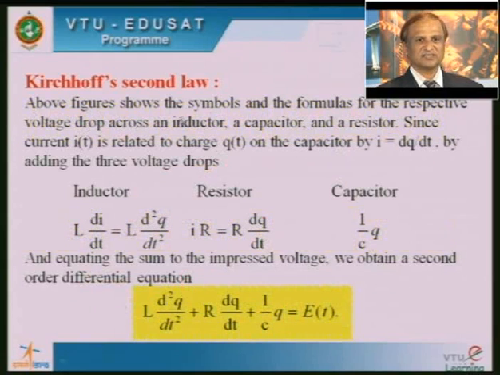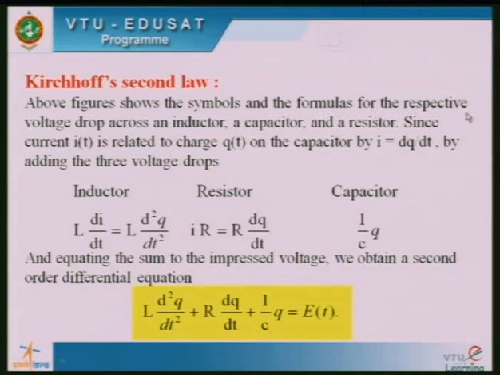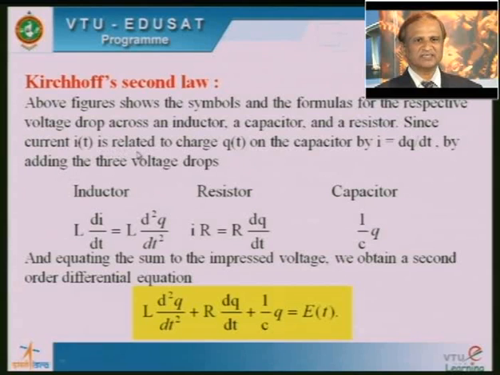The above figure shows the symbols and the formulas for the respective voltage drops across an inductor, a capacitor, a resistor, since a current I of t is related to charge Q of t on the capacitor by I is equal to dq by dt. That's clear.